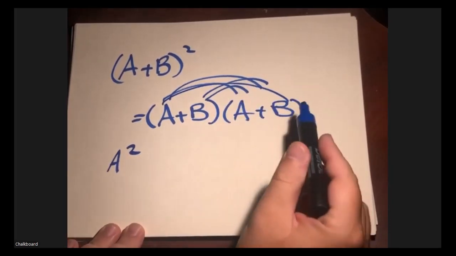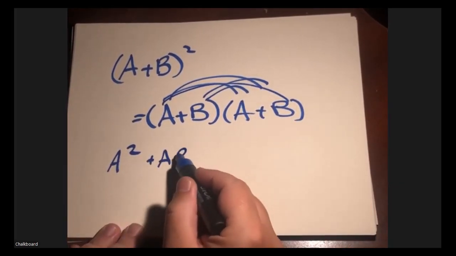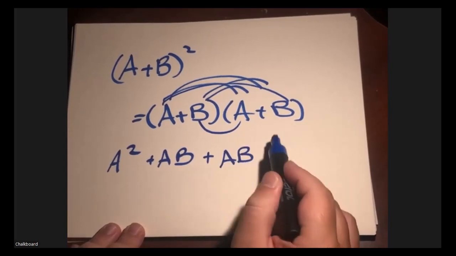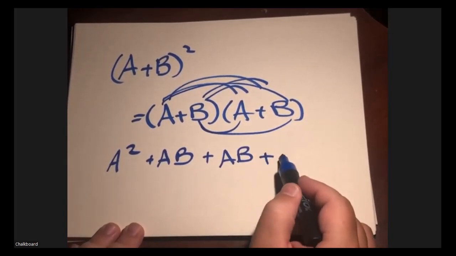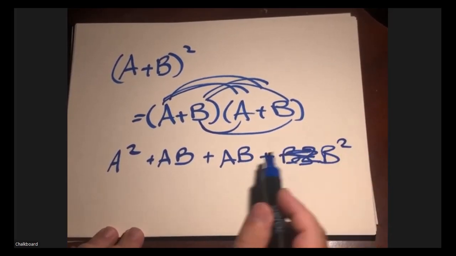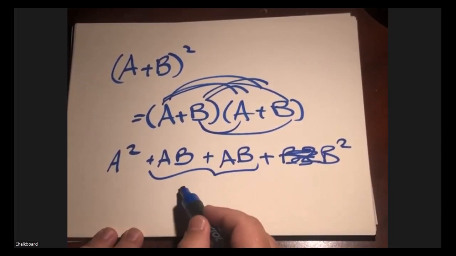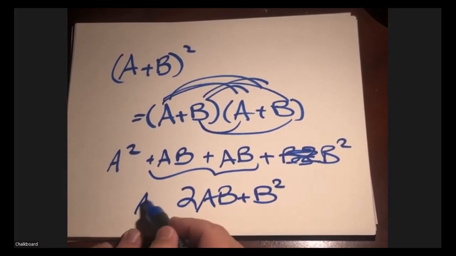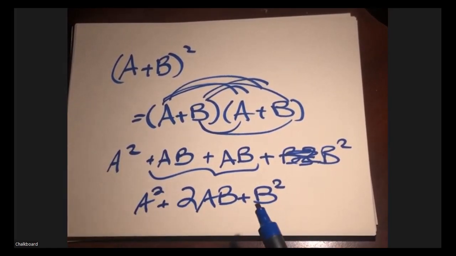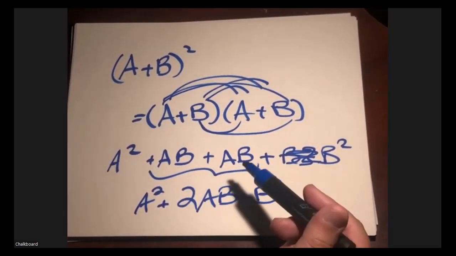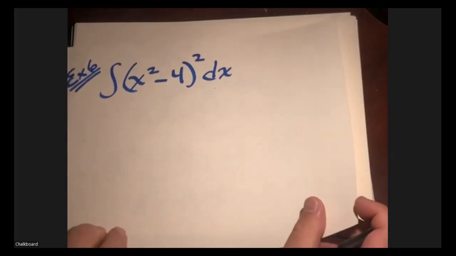Then the outer is a times b. And then the inner is, again, a times b or b times a. And last is b squared. There are 2 of these, so it's 2ab there. The point, anyway, is when you have a quantity squared, you should write it twice and multiply. So let's do that for this.